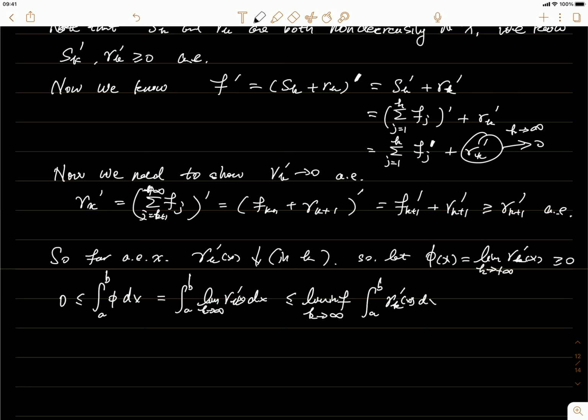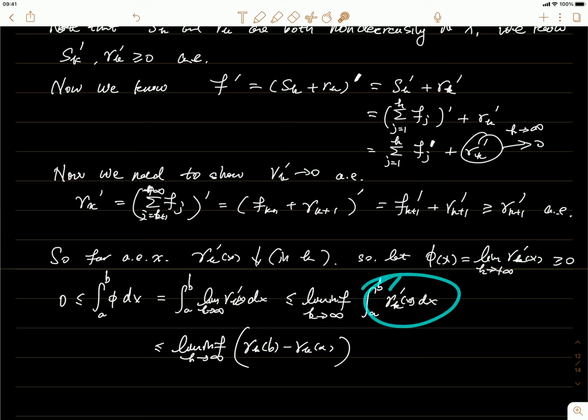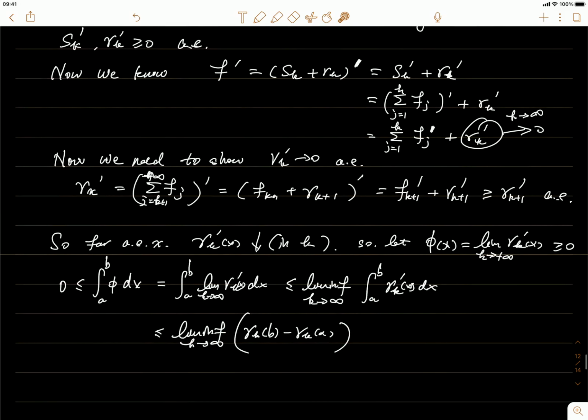x dx. Now for each of these integrals, we know this is less than or equal to r_k(b) minus r_k(a), right? Because we know that this is less than or equal to this. But we know that the series converges.